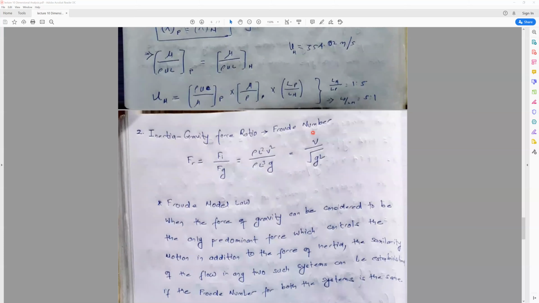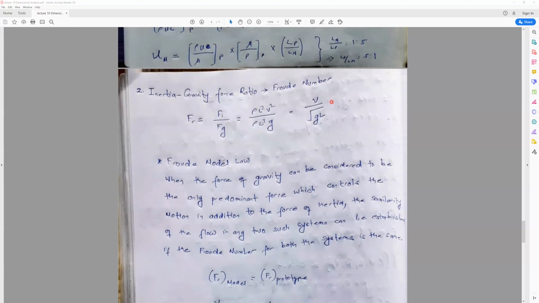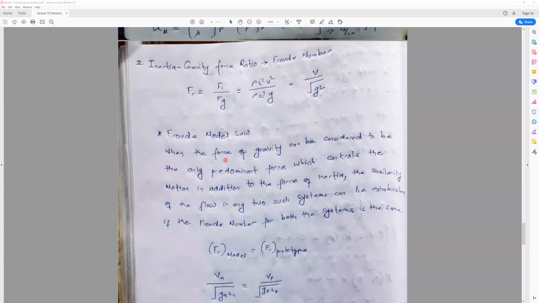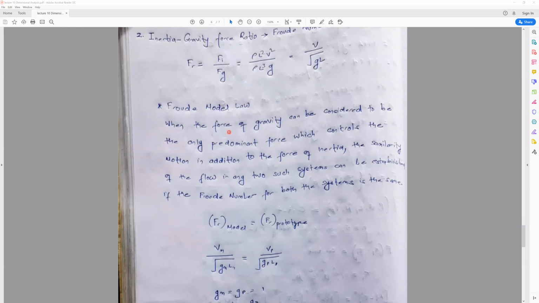Next is the ratio of inertial force to gravity force, which is also known as the Froude number. Here is the expression for Froude number, and you can substitute the value of inertial force divided by the gravitational force to get it.